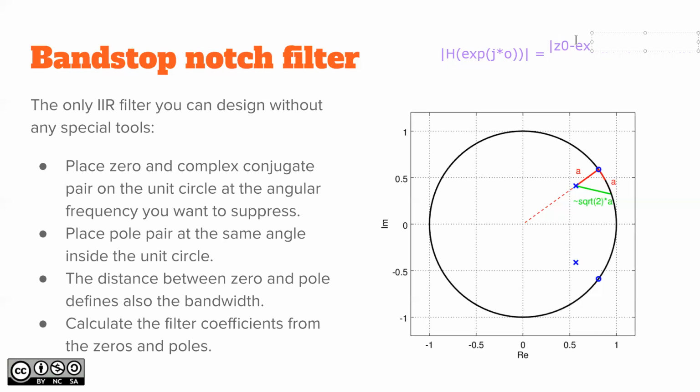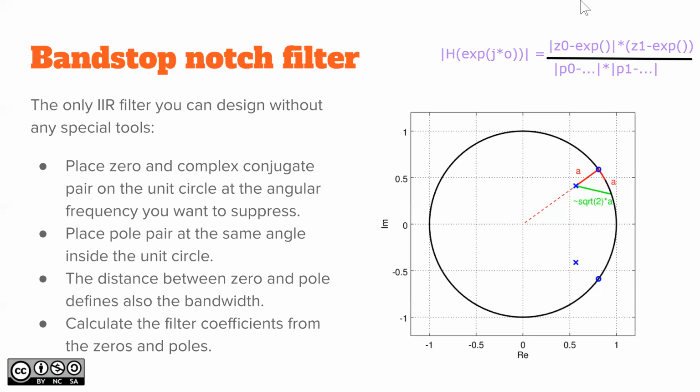And downstairs we have p0 minus and so on, times p1 minus and so on, divided by.